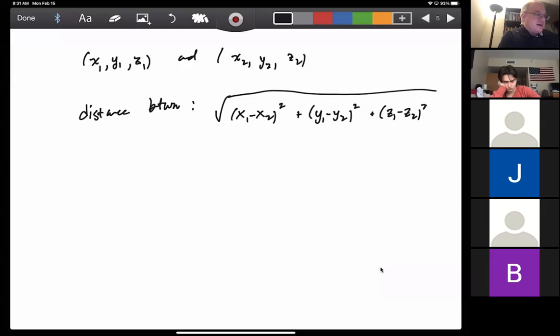And in fact, you can show that where this comes from is two applications of the Pythagorean theorem. So it's not mysterious. Hopefully you've seen the version of this in 2 dimensions before. And how do we generalize? We just have this extra piece now in 3 dimensions. So that's the distance formula.